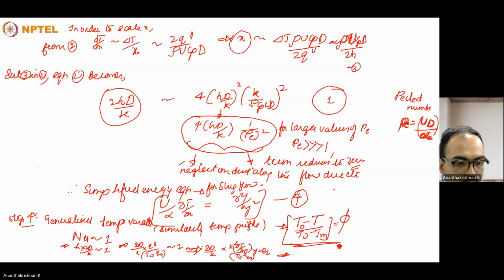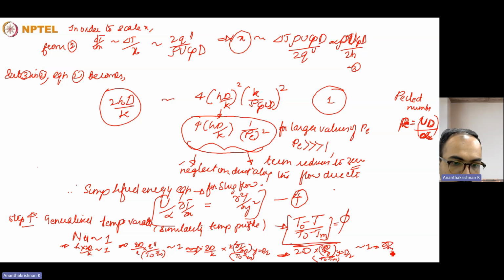So that is equal to 2d, k cancels, dou T by dou y at y equal to d by 2 divided by T0 minus Tm, which is approximately equal to 1. So that means that dou T by dou y is of the order of T0 minus Tm.